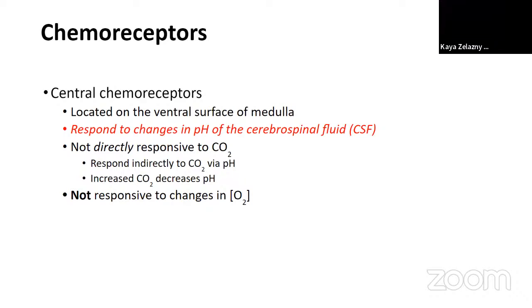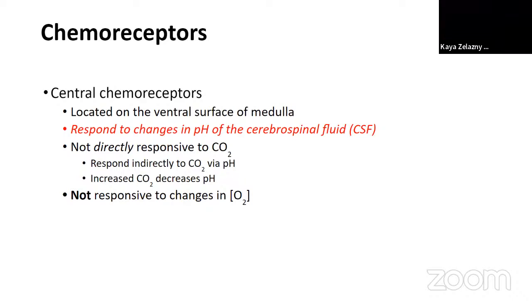What's happening is that an increase in carbon dioxide means we make more carbonic acid, which then dissociates into hydrogen ions and bicarbonate ions. And it's those hydrogen ions that cross through to the cerebrospinal fluid and those central chemoreceptors.